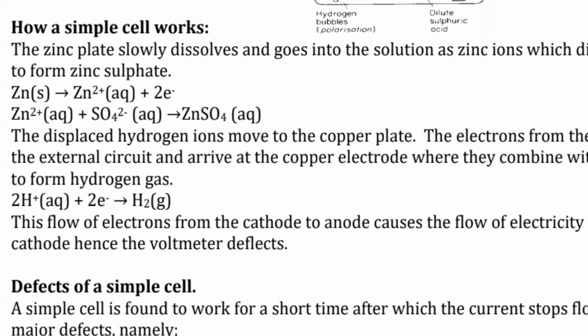So I was still telling you that the zinc and the sulfate ions will come together. And remember, we had hydrogen ions from our electrolyte, and those hydrogen ions will move to the copper plate.